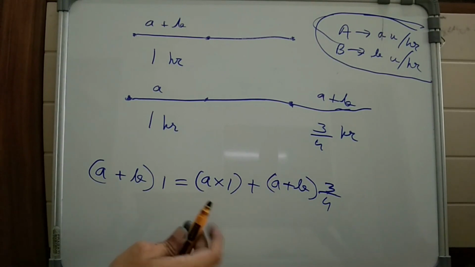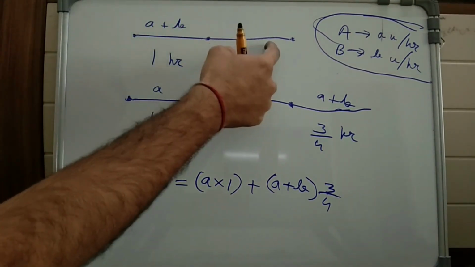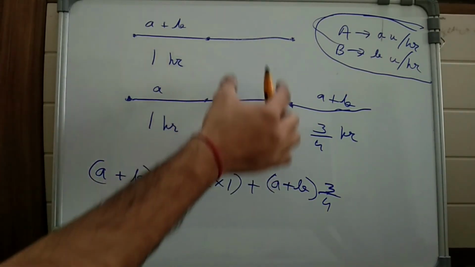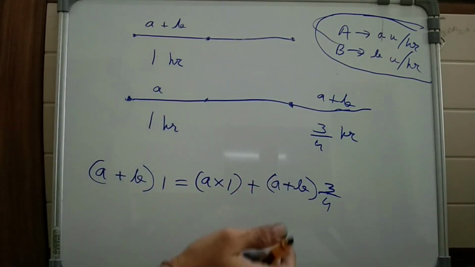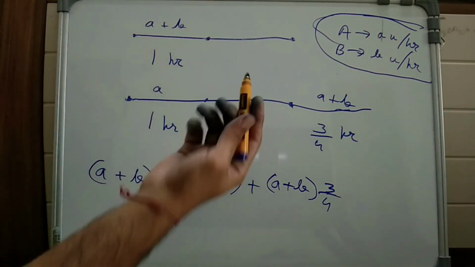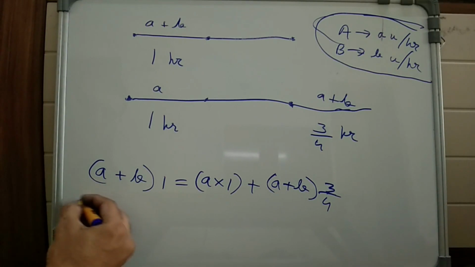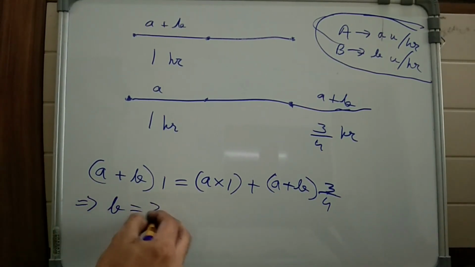Okay, so see, I can write this plus this is equal to this plus this plus this, right? But this thing is common in both the scenarios, so they will cancel out each other. I am not writing this part, I am just directly writing this is equal to this plus this. So if I solve it, I will get B is equal to 3A.